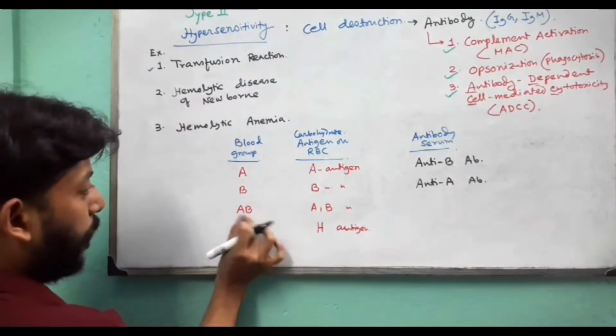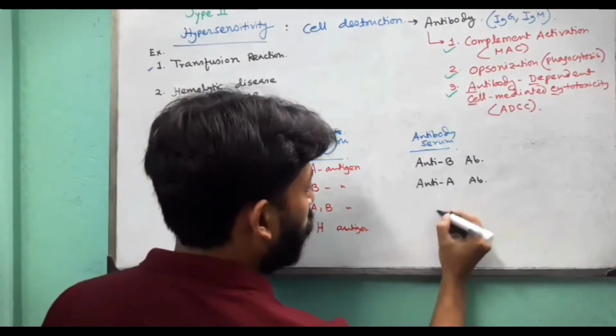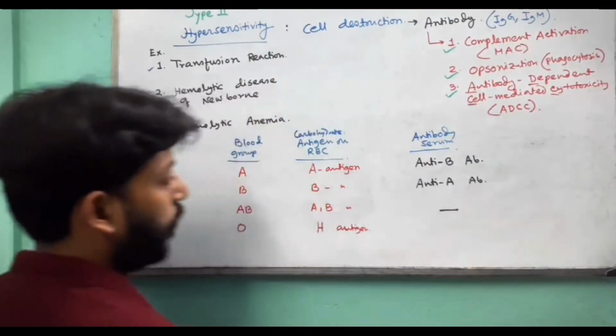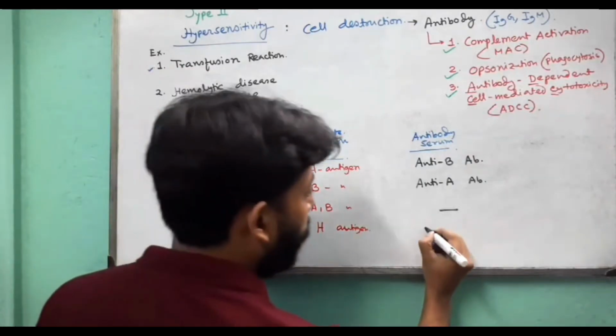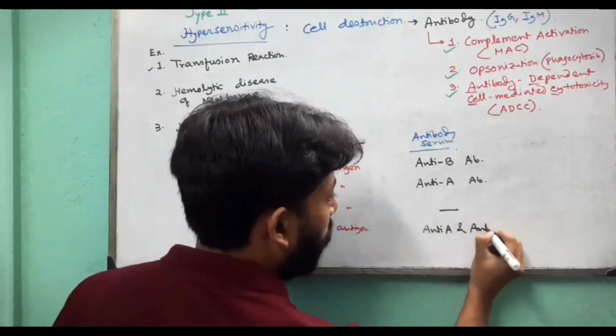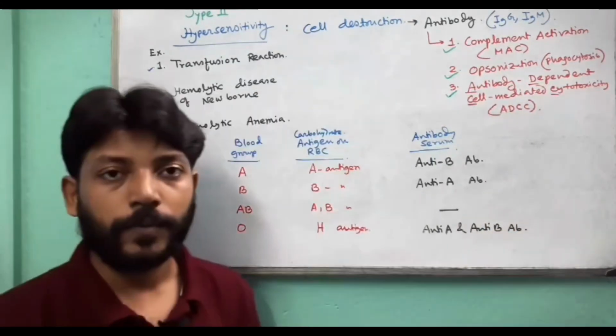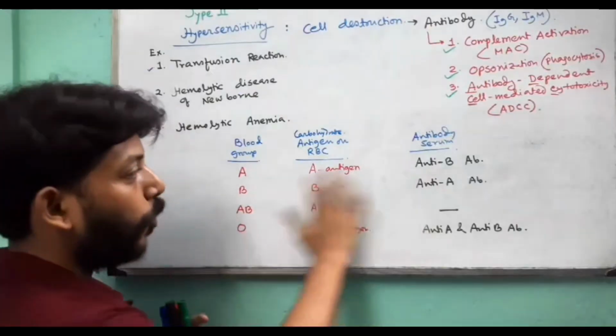Those who have AB blood group, they do not have any antibody, and those who have O blood group, they have anti-A and anti-B antibody. From our childhood, we memorize this point.